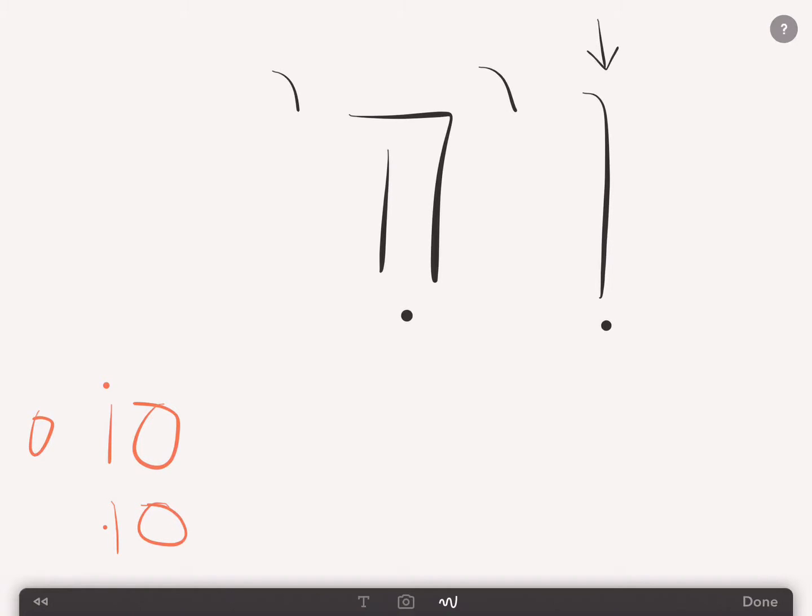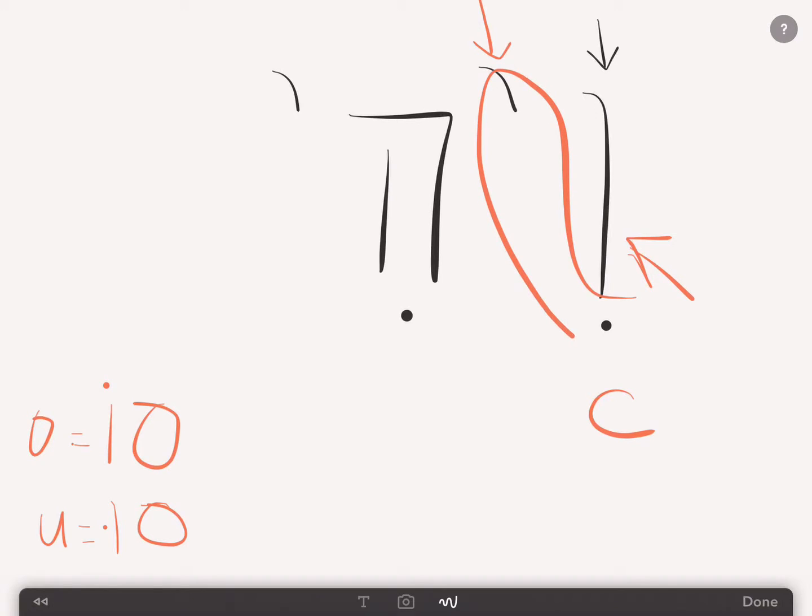This one was an O, this one was U. Okay, so we have those two vowels with the Vav. This does not look like one of those, so it's a consonant.